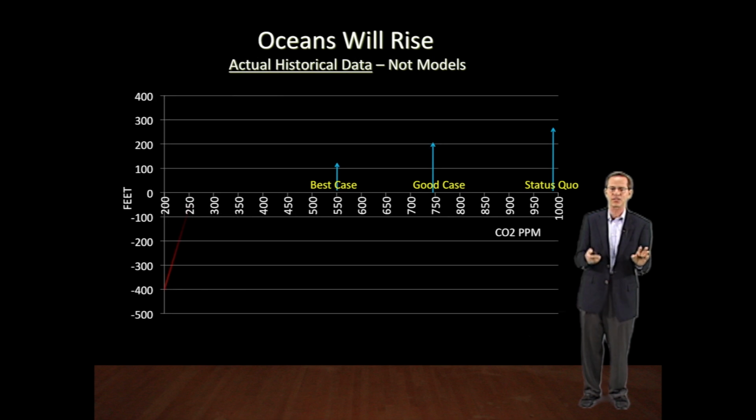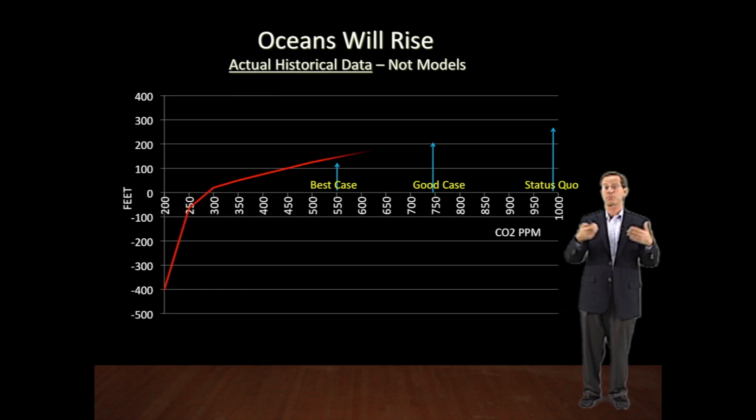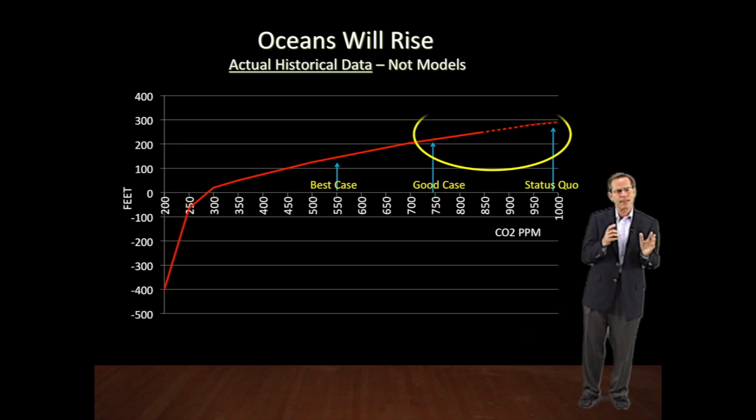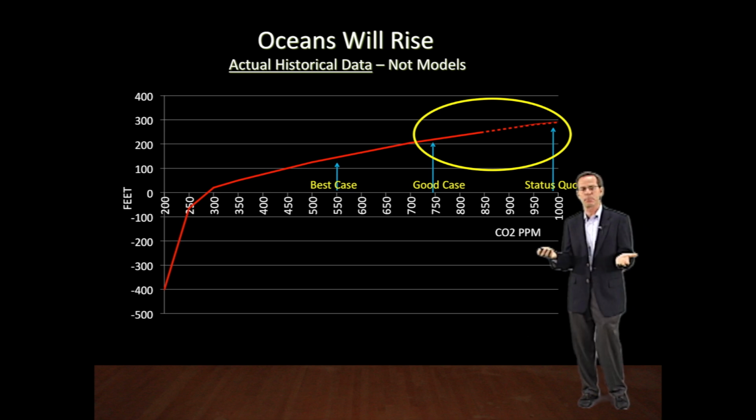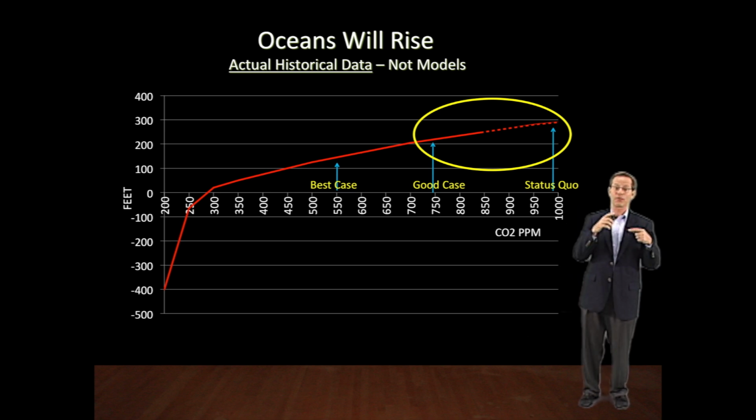So that gives you a range, and in fact, it gives us a range to just plot what happened in history, which I think is quite interesting to look at. And this is what historical sea rise looks like plotted across history, but more important, plotted across the CO2 ppm. And if we plot that against the actual ppm in the atmosphere that we're going, remember that earlier chart, best case, good case, status quo, this is what we see.